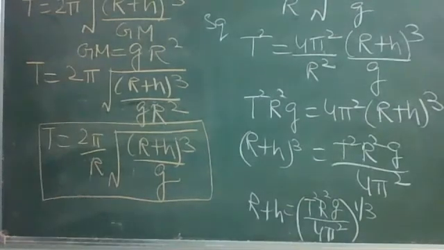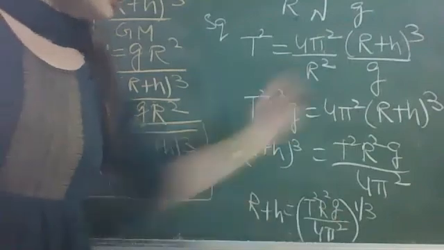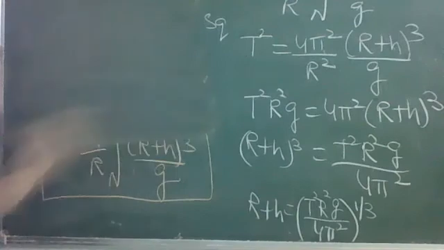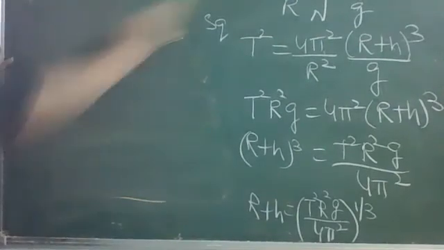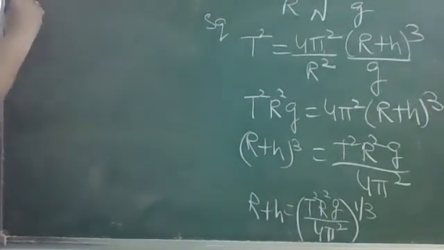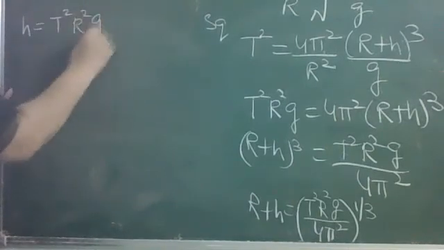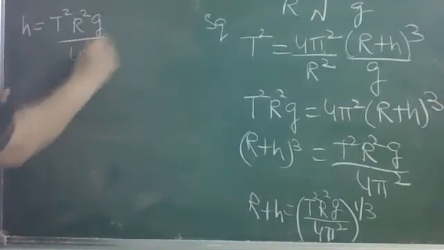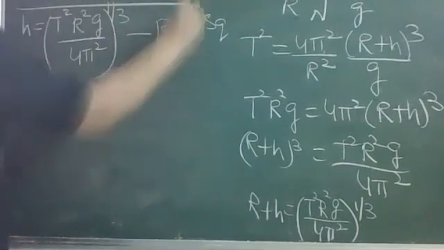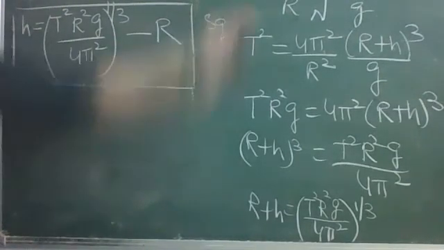I hope this step is also clear to you. So how much will be h? This minus r. So h will be t square r square g over 4 pi square raised to power 1 by 3 minus r. This is a complicated expression, but you already know the formula of time period.